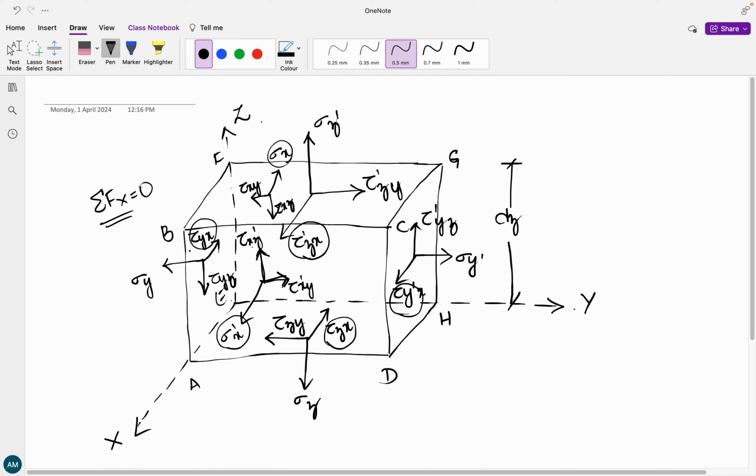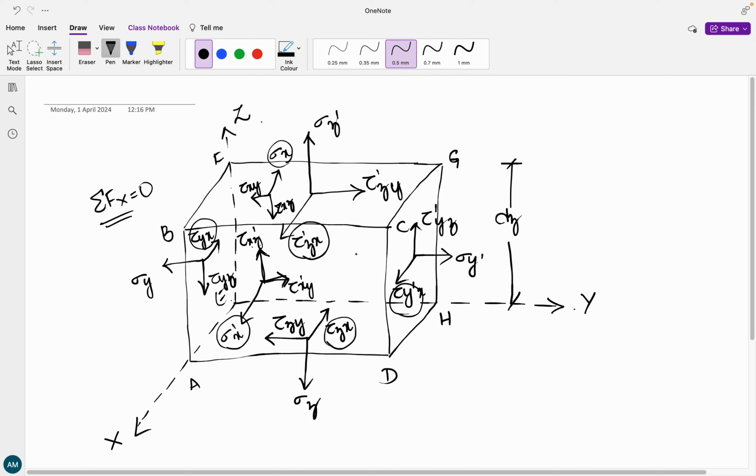Then top face B, F, G, C. We are going to have tau zx dash. Then the side faces A, B, F, E. I have tau yx. Then D, C, G, H. I have tau yx dash.